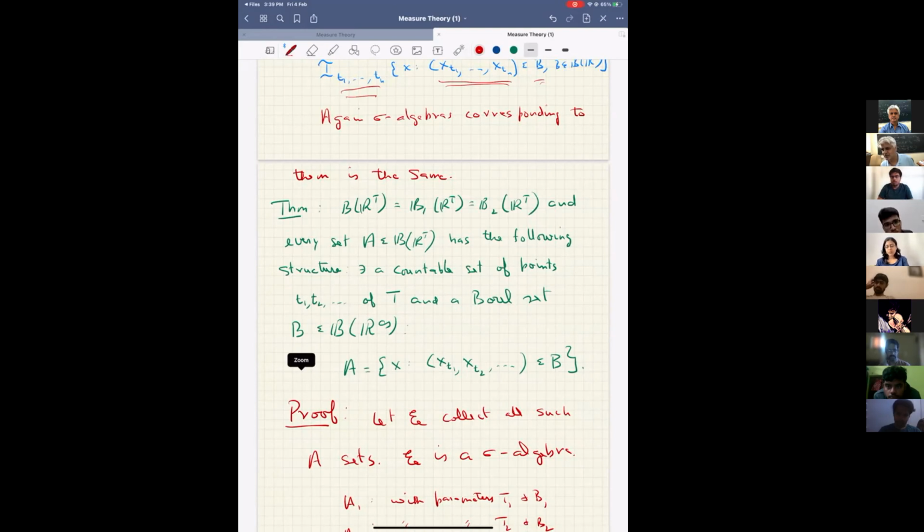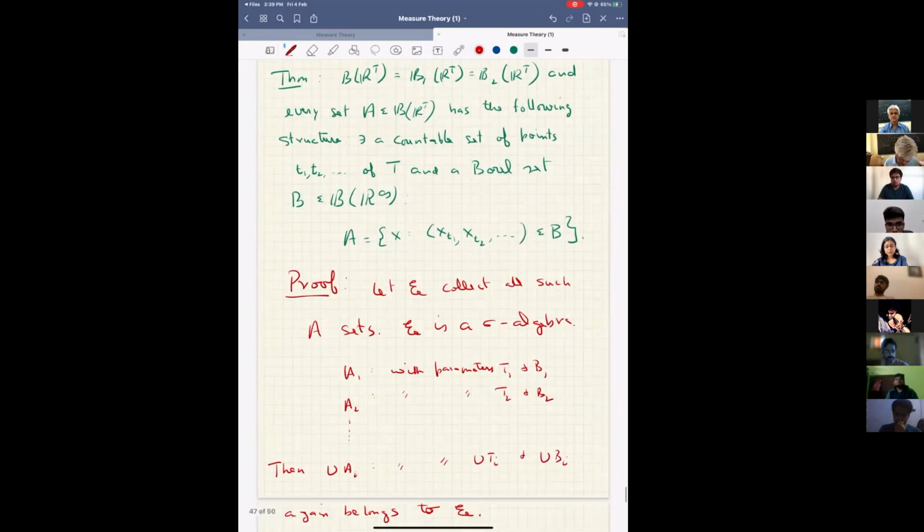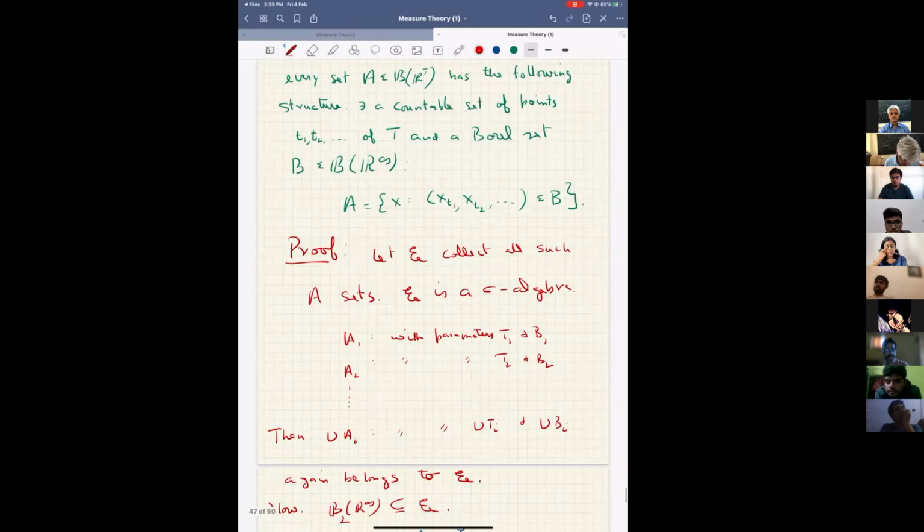So how do you suggest I proceed? A countable union of countable things is countable. Take all the B's and also make their union. So you get the thing. That's right. So A1 has parameters in set T1 and set B1 with it.